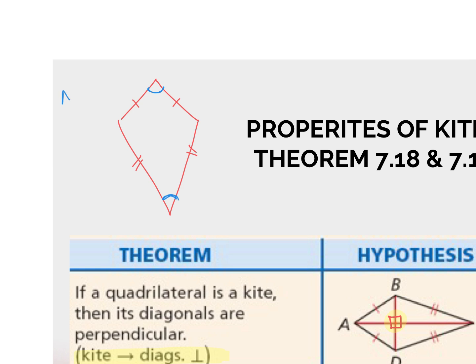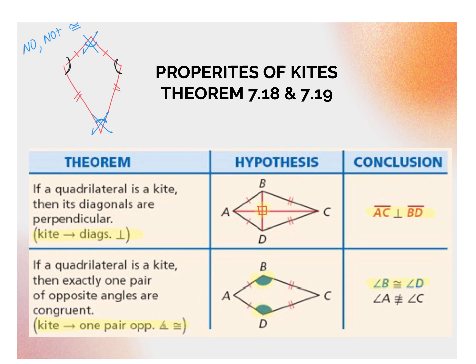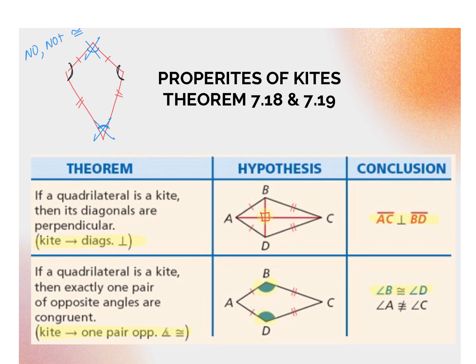This would be no. These are not congruent. What has to be congruent? It has to be the two angles where the non-congruent segments meet. So just be aware of that. It does matter which angles are congruent in a kite.